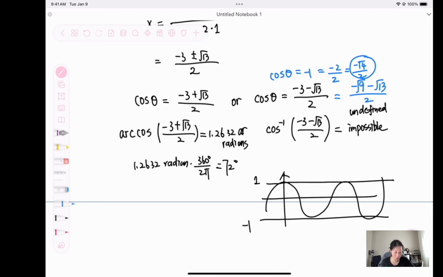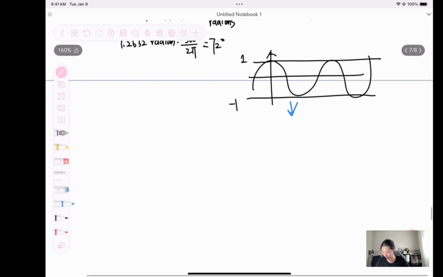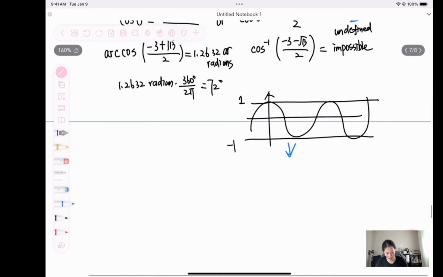So this gives you a -1, right? But look, this is already negative square root of 9 minus square root of 13. That is much bigger than 4. So that makes this whole value significantly less than -1. That means below -1.